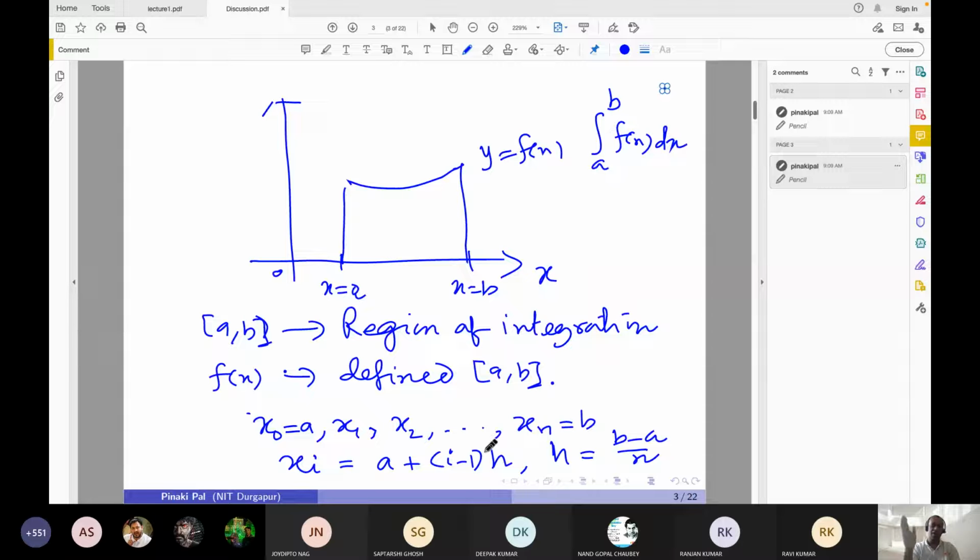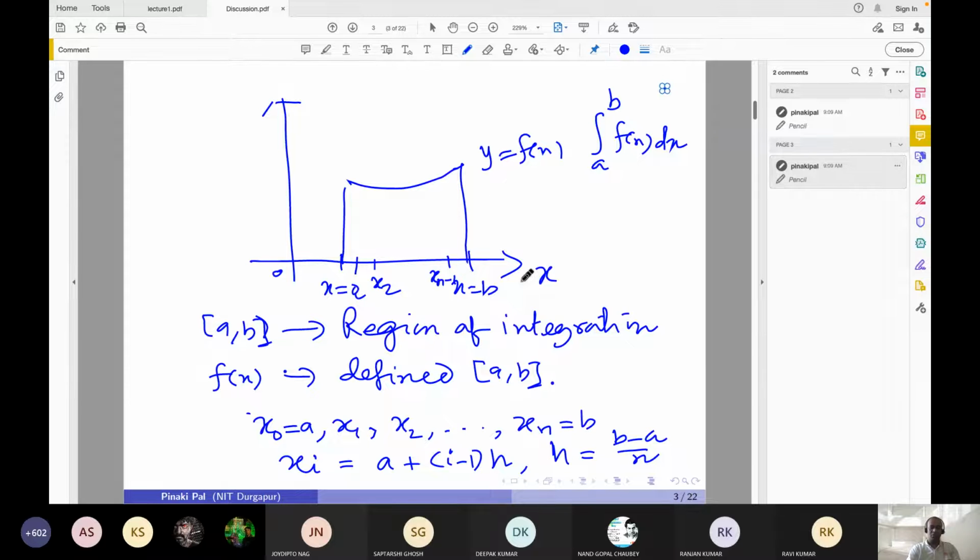We put the points x1, x2 up to xn minus 1 in equal intervals. This is your x0 and then x1, x2, and so on. The last but one is xn minus 1, and the last one is xn, which is equal to B. So basically we introduce n minus 1 equidistant points between A and B.